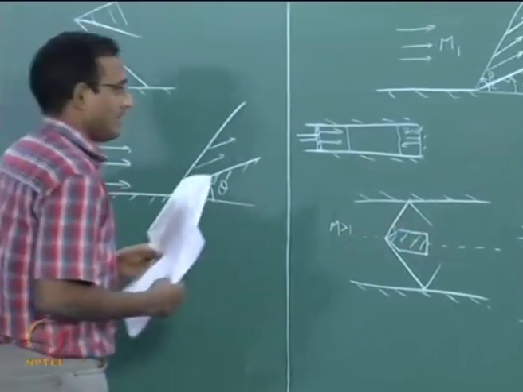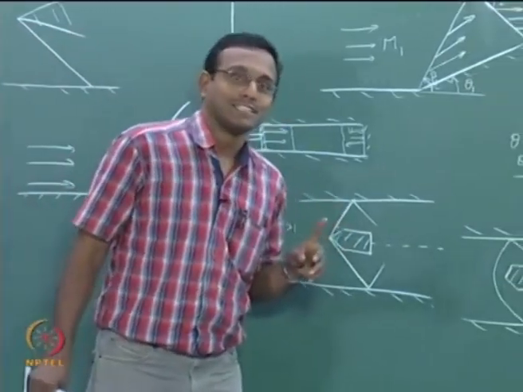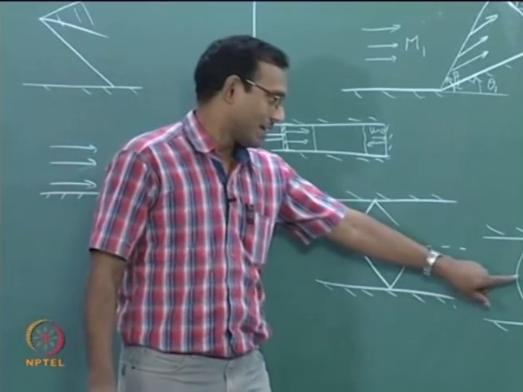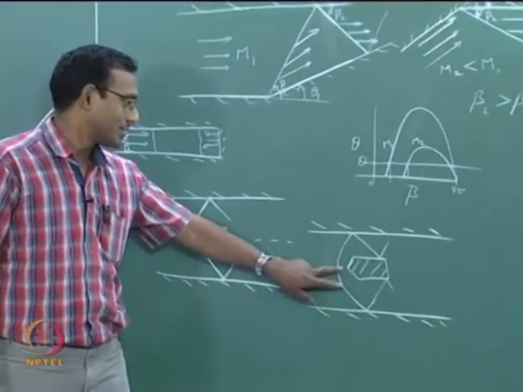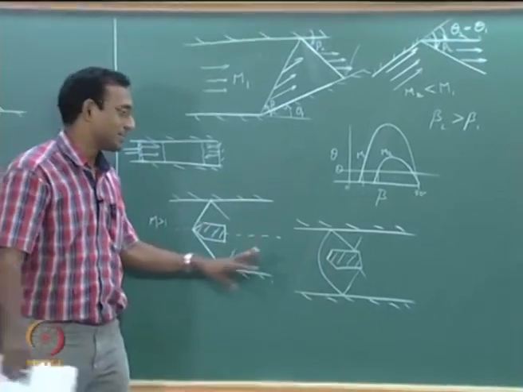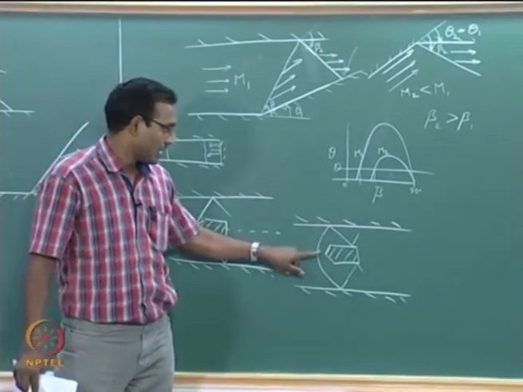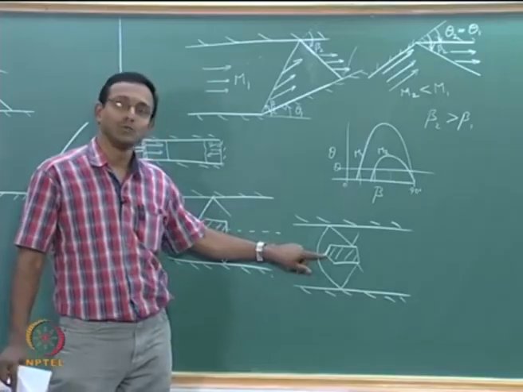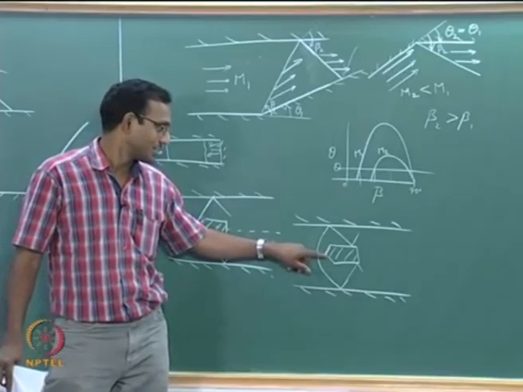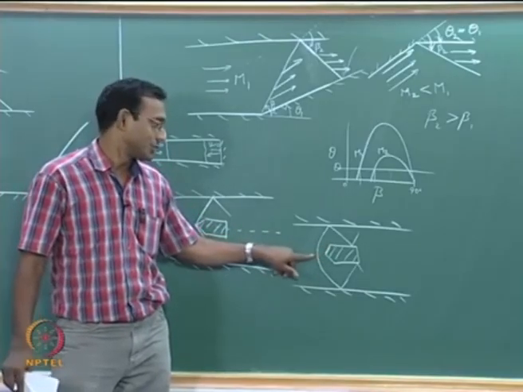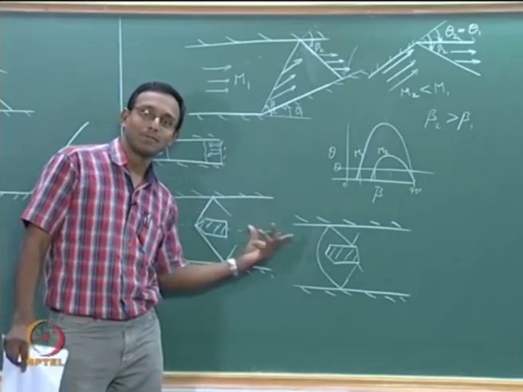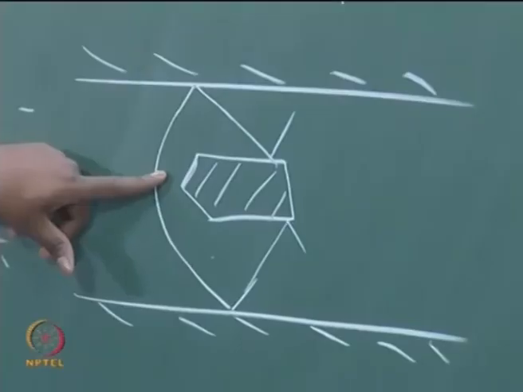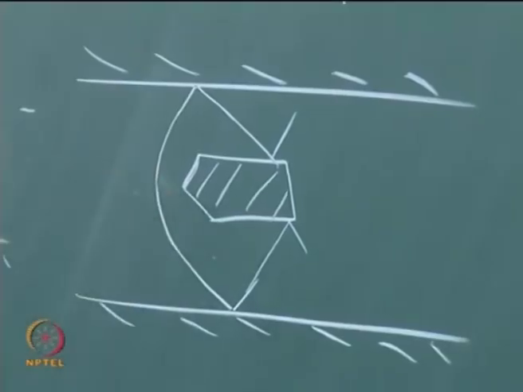One caution though, the piston analogy does not always work. In fact, it does not work in this particular case. When my shock is a detached shock, the piston analogy breaks down, because even before the piston starts moving, or in our case the wall starts changing, we see that there is a shock. This is no more a simple 1D analyzable problem, this is purely a 2D problem with subsonic solutions also present.